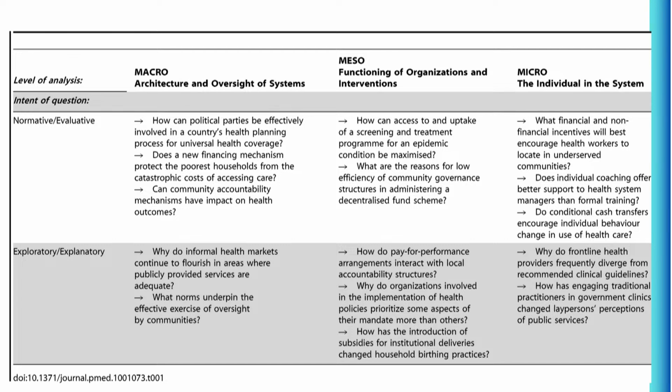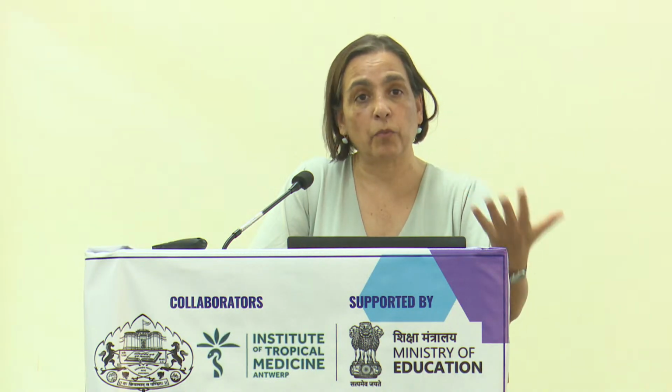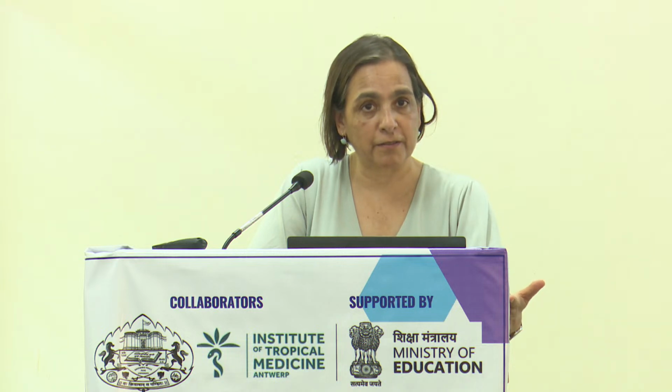You might get confused here and ask, what are norms doing in that question? Why isn't it a normative question? But you're not actually doing any evaluation. You're just trying to assess how communities are holding the health system accountable. Are there ways in which the community participates in giving feedback to the health system?